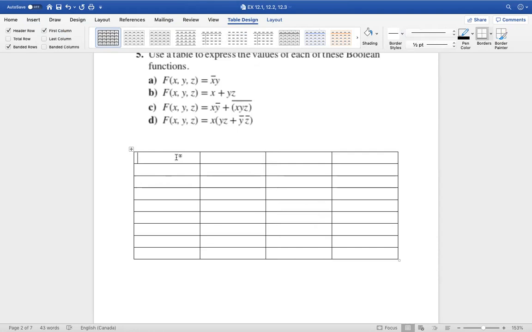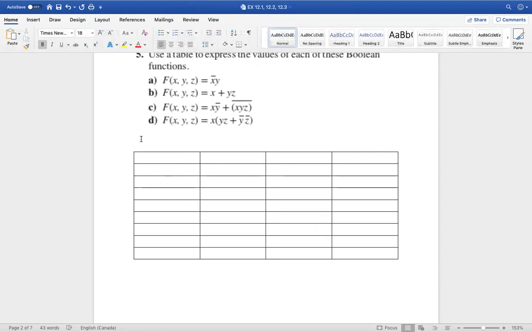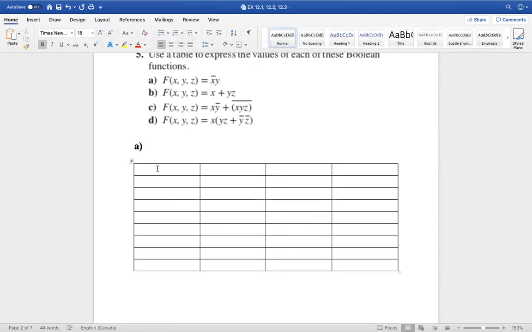Let's take part A. We have x, y, and z, and then the complement of x, and then y. So for x we have 1, 1, 1, 1, then 0, 0, 0, 0.